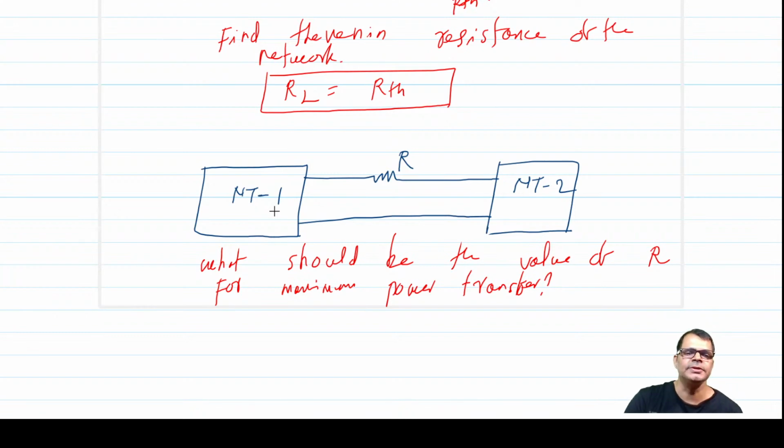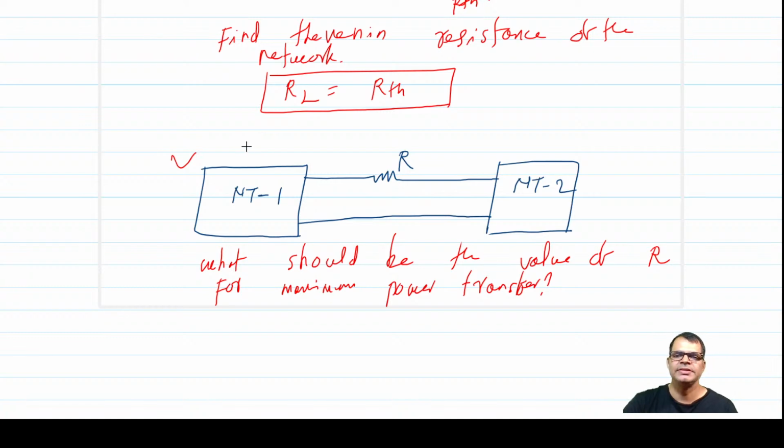So what should be the value of R for the maximum power transfer for this case? That is circuit 1 or network 1 and network 2, and you are transferring power from network 1 to network 2.